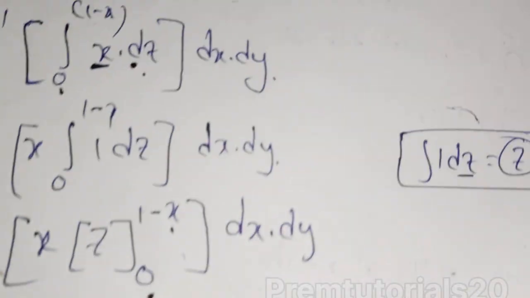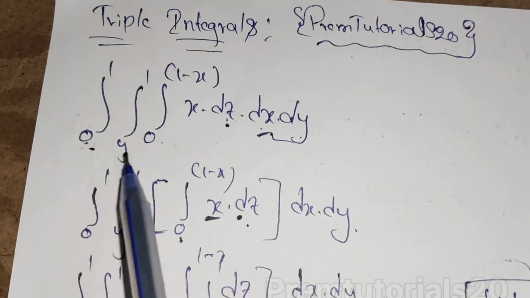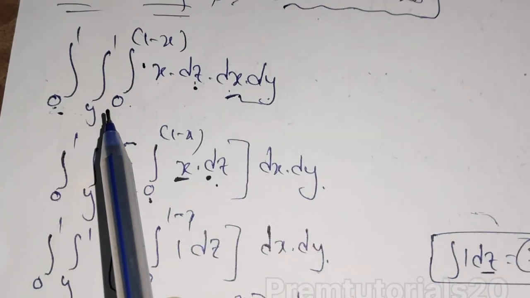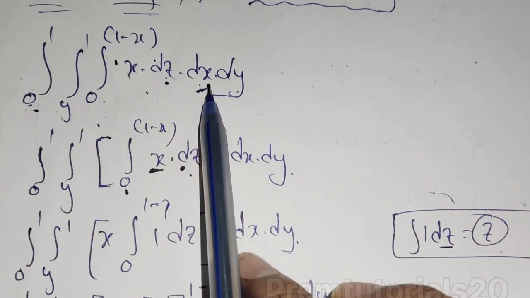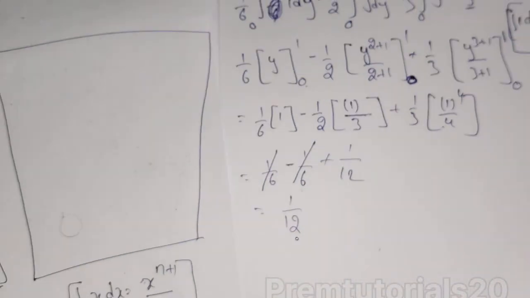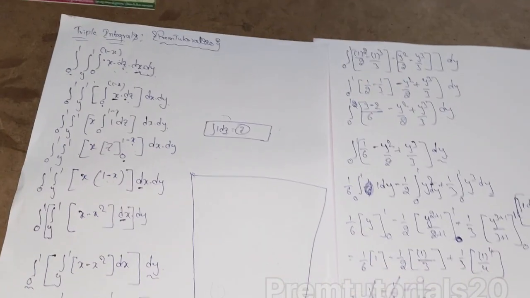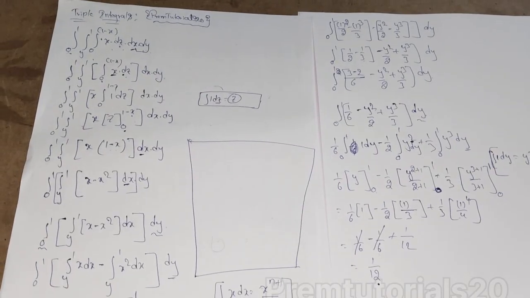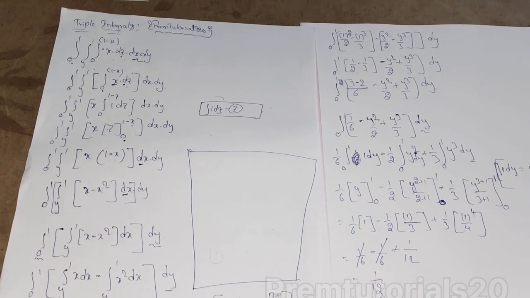So the integral 0 to 1, integral y to 1, integral 0 to 1 by x into dx dz dy, what is the final value we get? 1 by 2. This is the total explanation regarding triple integrals.